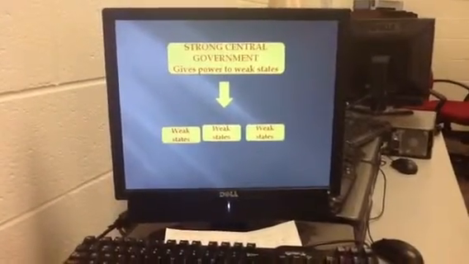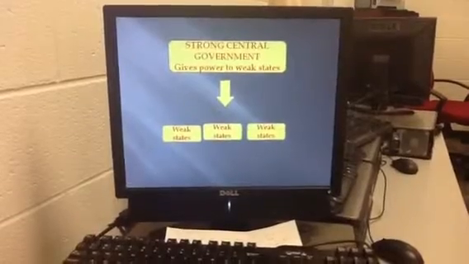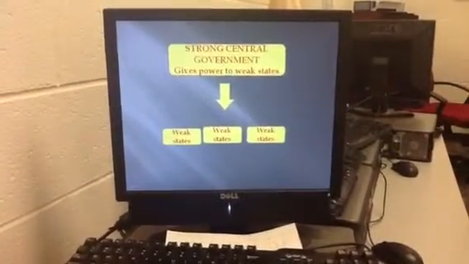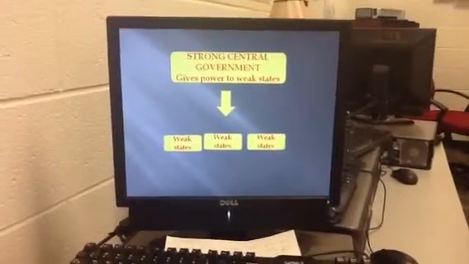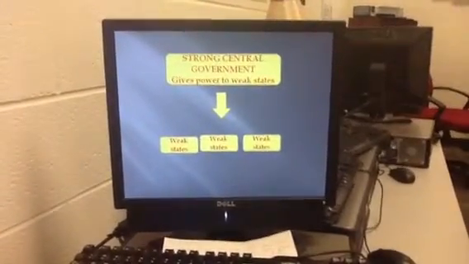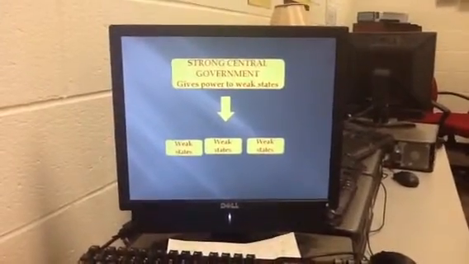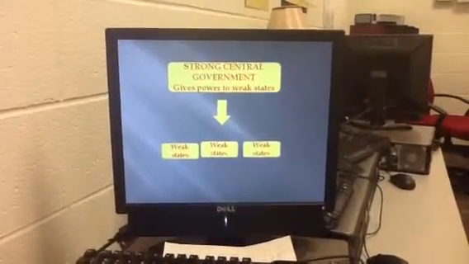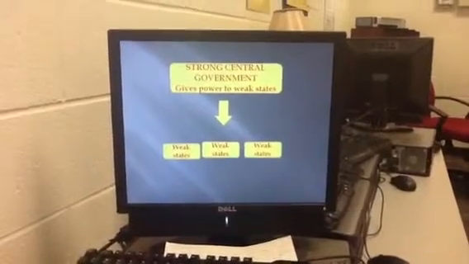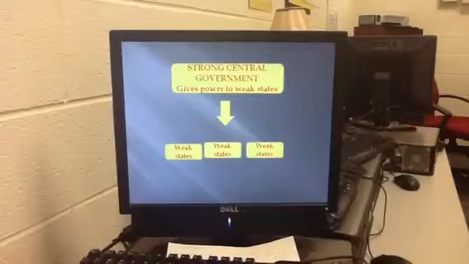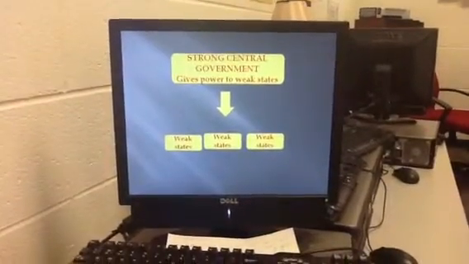In a unitary system of government, there is a strong central government that gives limited power to weak states. Some of the power that it gives is maybe to have a local governor or a representative for their area, or allows different states to come up with their own state law. However, the central government can take back that power at any time.